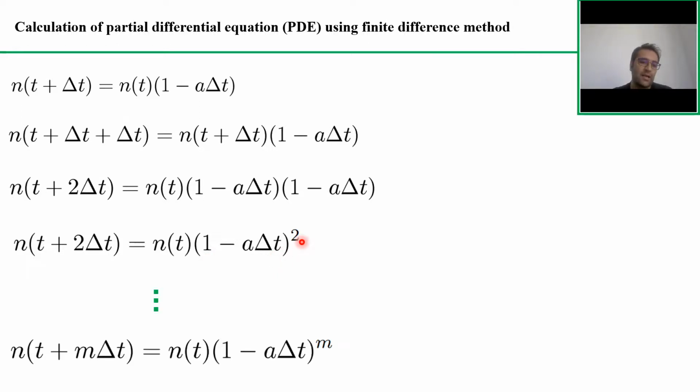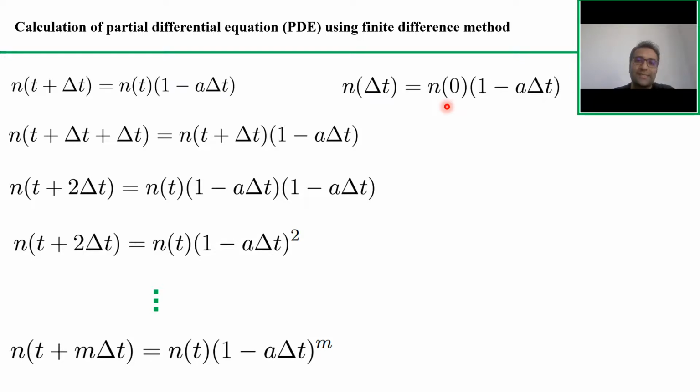In the same way, I can show that the value of the function at the time t plus n delta t will be equal to the value of the function at the time t multiplied by (1 minus a delta t) to the power of n. So if we have the initial value at the time t equal to 0, the value of the function is N0, and this is the known value.